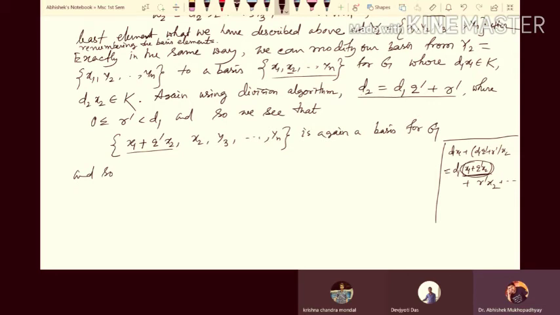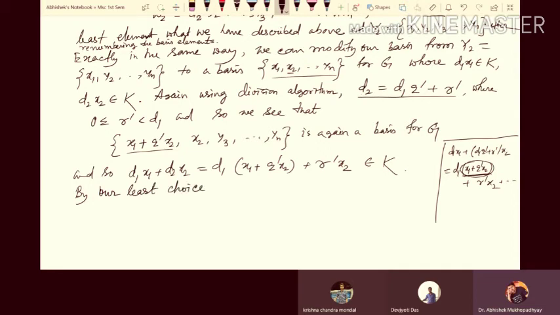And so d1 x1 plus d2 x2 is d1 times x1 plus q dash x2, plus r dash x2, which is in K. But by our least choice for d1, we must have r dash is 0, because d1 was the least amongst all expressions for non-zero elements of K. So that is why r dash must be 0.